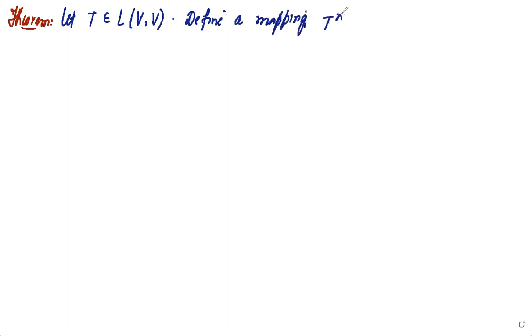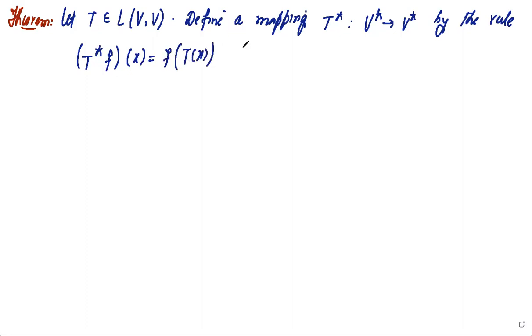Define a mapping T star from V star into V star by the rule: T star f of x is equal to f of T of x, where x belongs to V, and for all f belonging to the dual space V star.